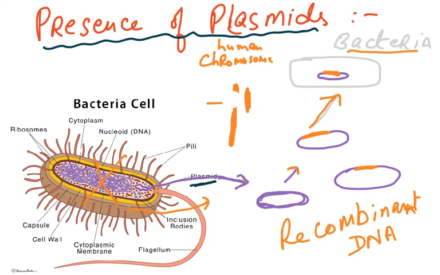So the presence of plasmids is a very good tool for genetic engineers: take it out, genetically modify it, put it into another set of bacteria, and then culture those bacteria, and those bacteria will produce that protein for us, for which we have put the gene.